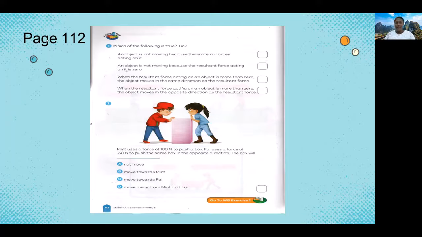Okay. Now here, which of the following is true? We think the statement that is true. An object is not moving because there are no forces acting on it. What do you think? True or false?